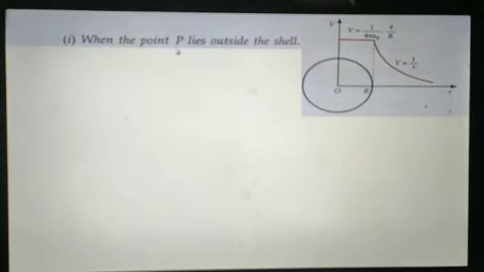So let us understand this. First of all, we are going to take a point P which lies outside the shell.